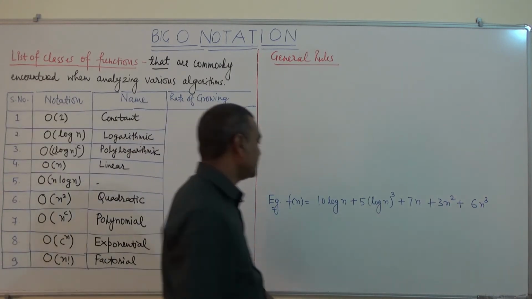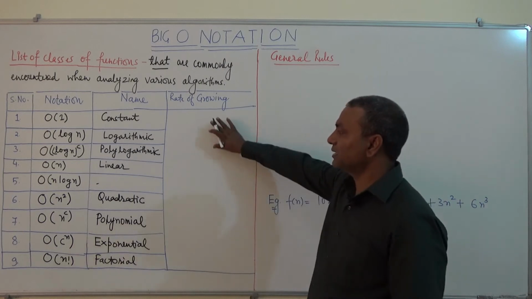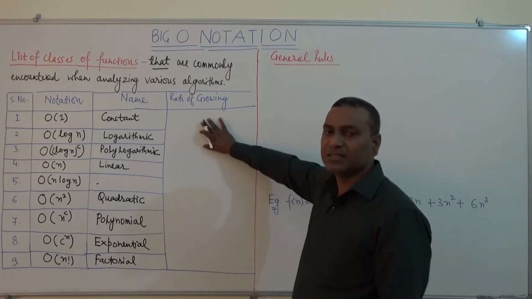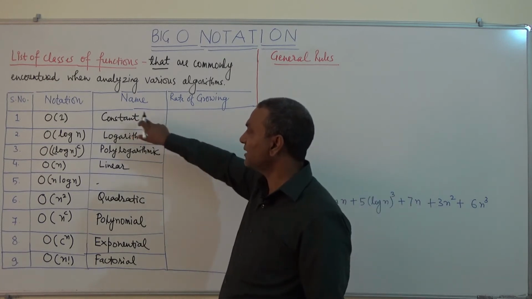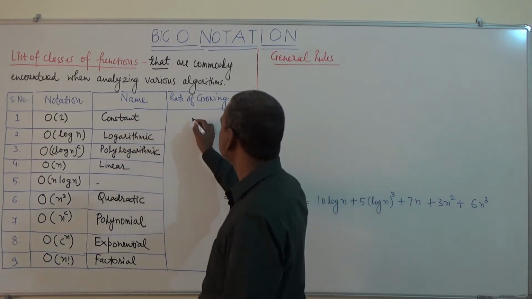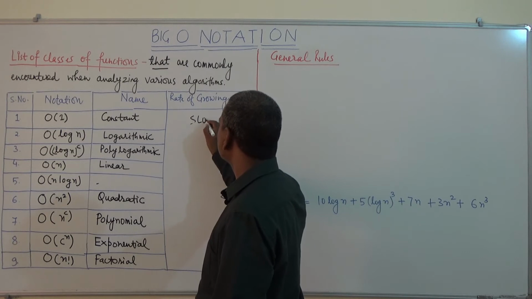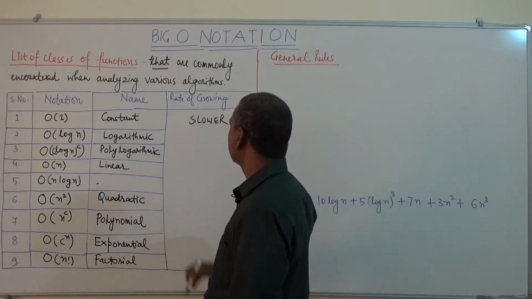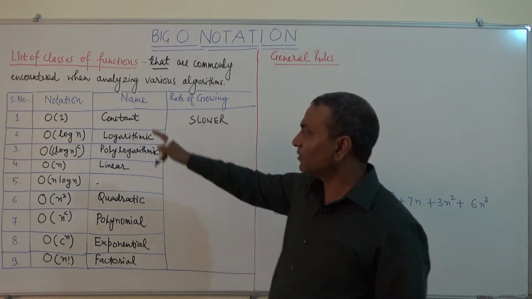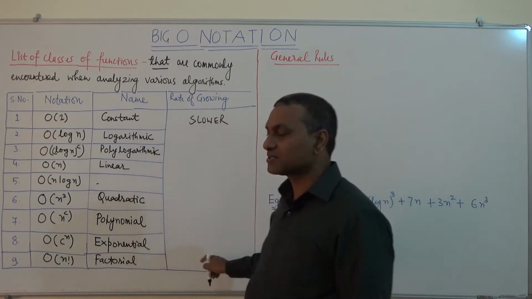At the right hand side, this attribute is the rate of growing, meaning the notation at number 1 is slower growing, and the notation at 9 is faster.